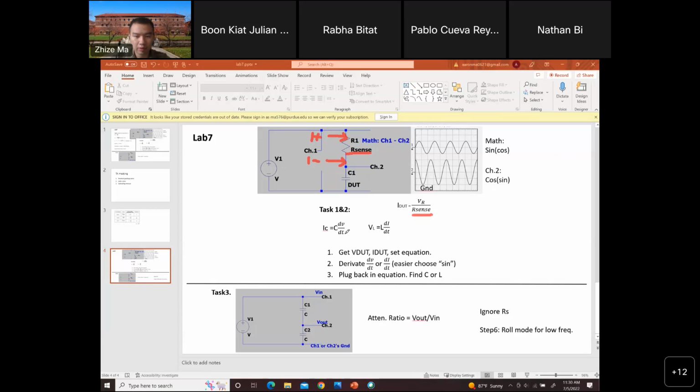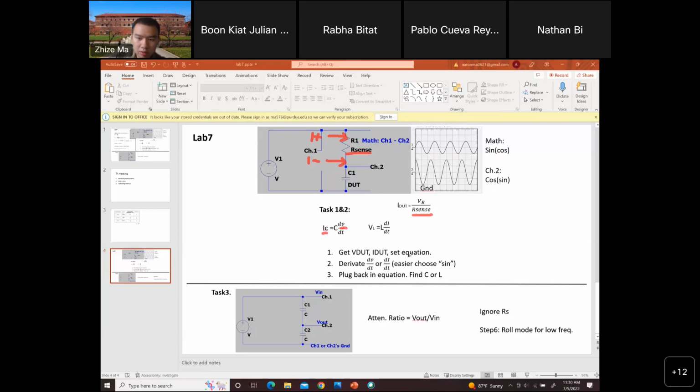After you get two equations, one equation is IC and the other is VC, then you can start the calculation. Remember, the IC and the VC are two equations because they are two waveforms.